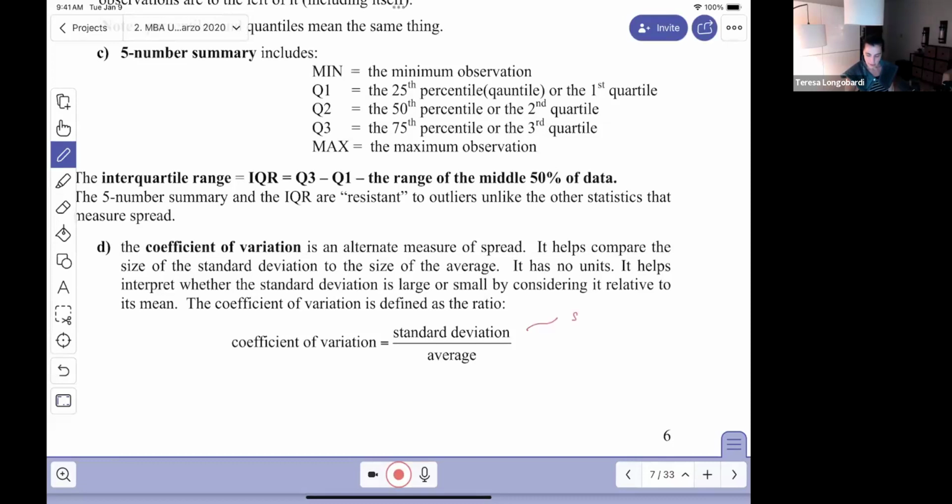Standard deviation is like a measure of risk or volatility, right? And the average is the expected return. So you can take your risk and spread it out over your expected return.